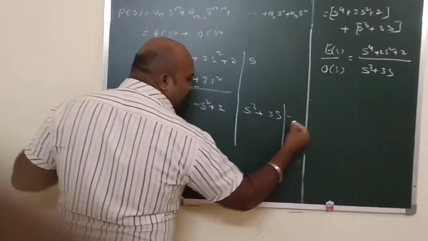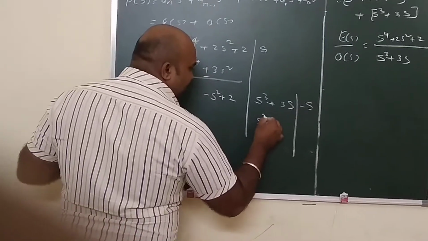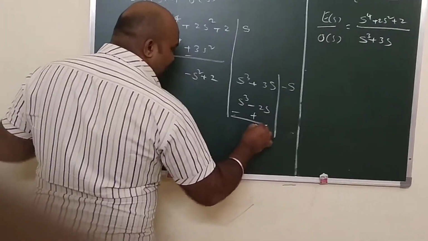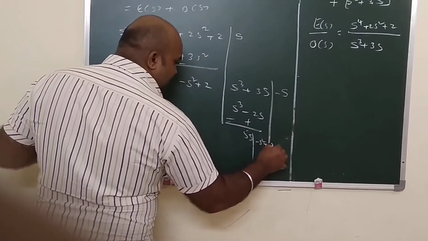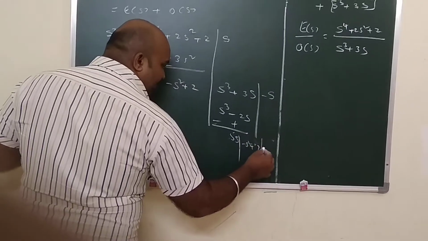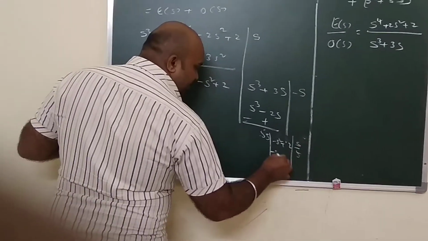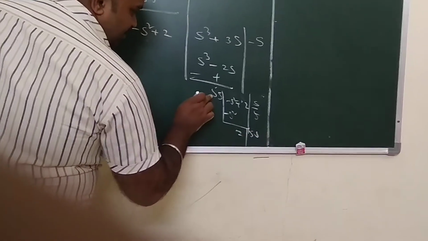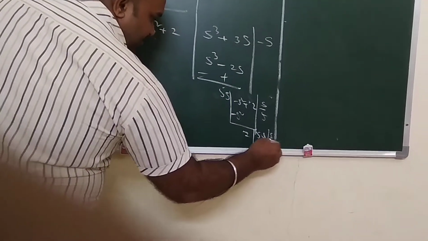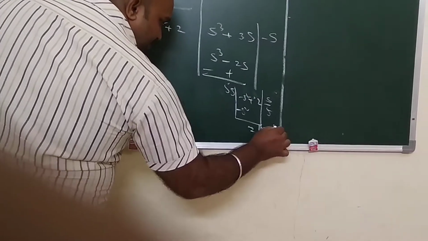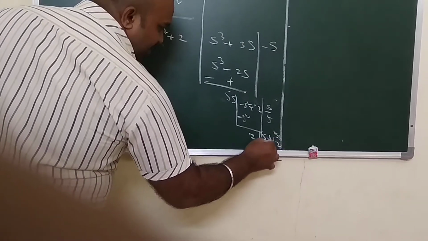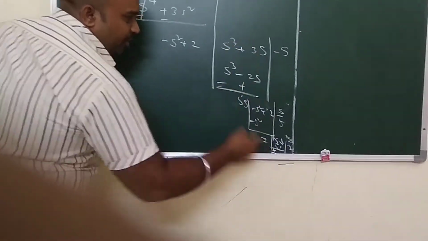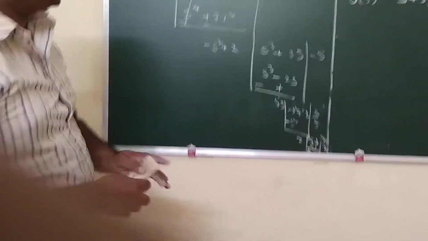Now multiplying with minus s, we get s cube and minus 2s, so then it is 5s, and again here minus s square plus 2. Again, if I multiply with s by 5, then minus s square, then 2 will come here, then it is 5s again, so s by 5 s by 2, then it will be 5s, so completely it will be 0. Only up to that can we consider it as the continued fraction expansion method.